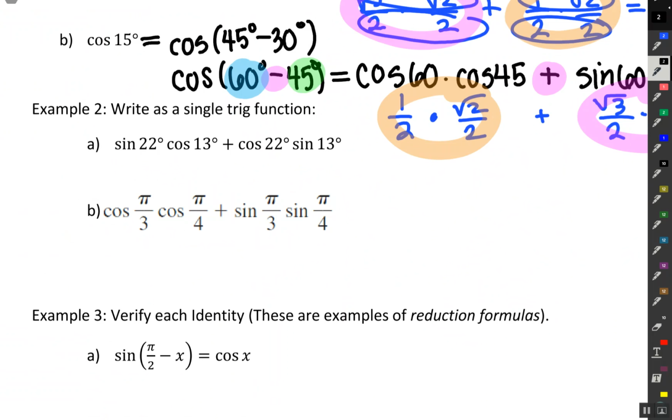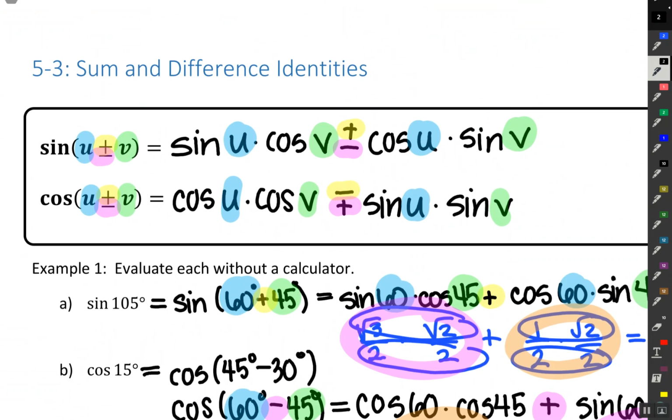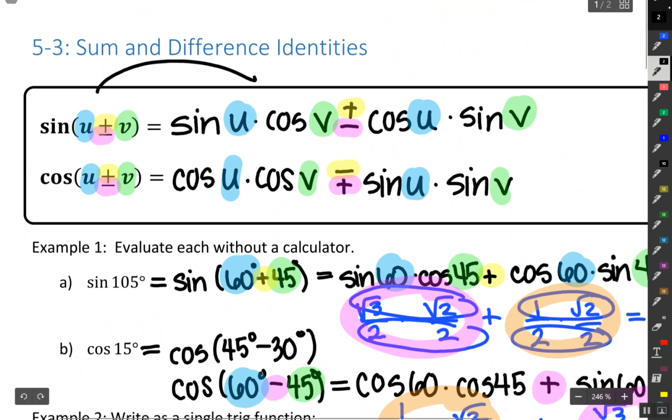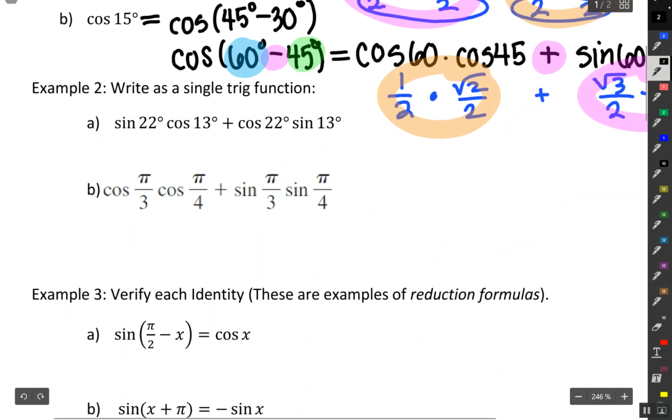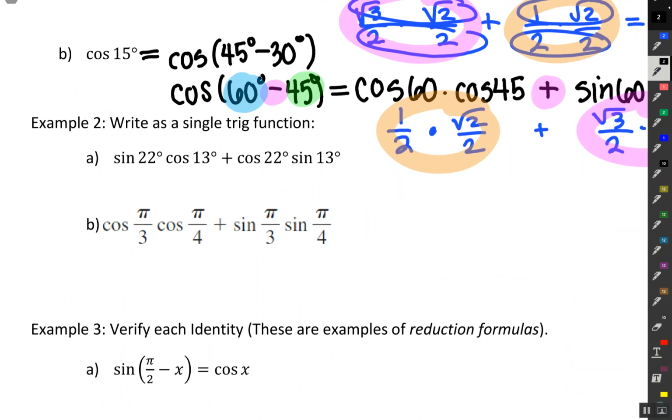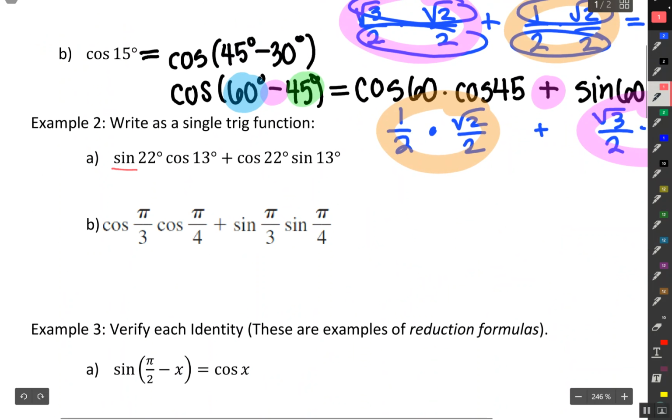We're going to write the following as a single trig function. And so you can hopefully recognize that this looks like what these formulas are, but we need to go backwards. Instead of going this way, we're going to go the opposite way. Okay, so let's look at the pattern that we have here. We have a sine, a cosine, a cosine, a sine.